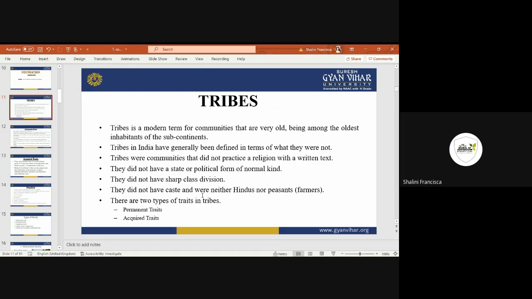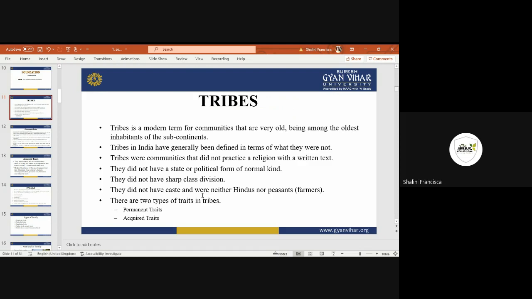If you talk about tribes, these tribal people don't have that much subdivision, like this person belongs to Brahmin, this person belongs to Kshatriya, this person belongs to scheduled caste or scheduled tribe. They don't have any particular parameter or chronology to divide the class.